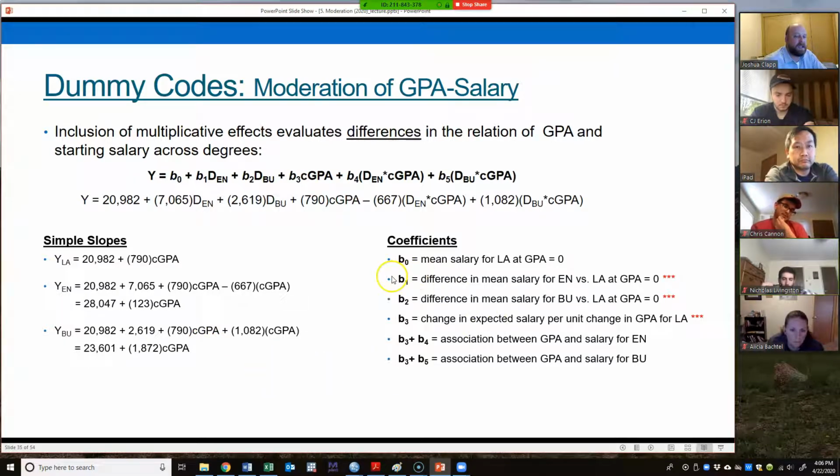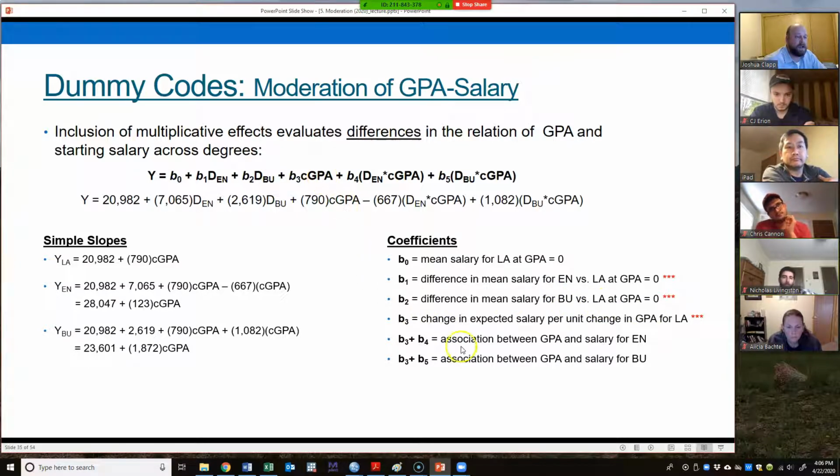And so what I've got here is my intercept, mean salary, expected salary for liberal arts, holding GPA constant at the mean. This B1, difference in mean salary for engineering versus liberal arts. B2, difference in mean salary for business versus liberal arts.